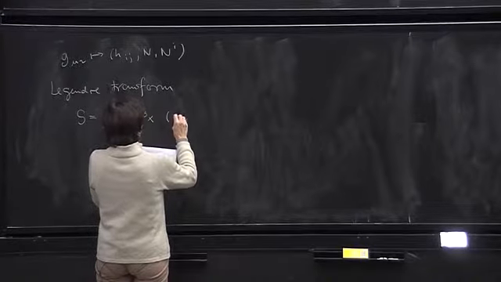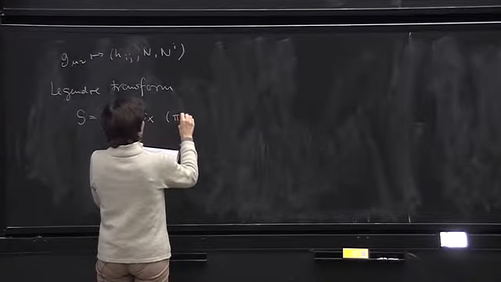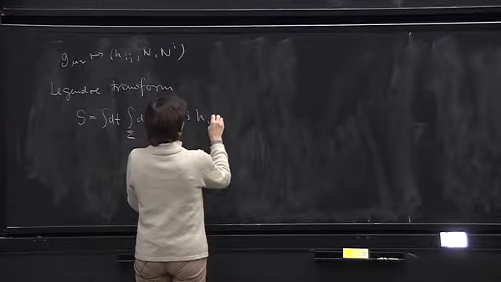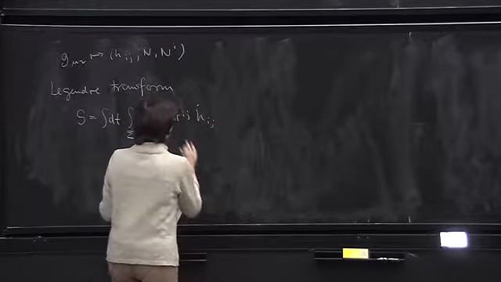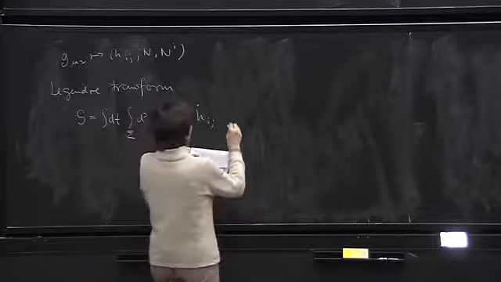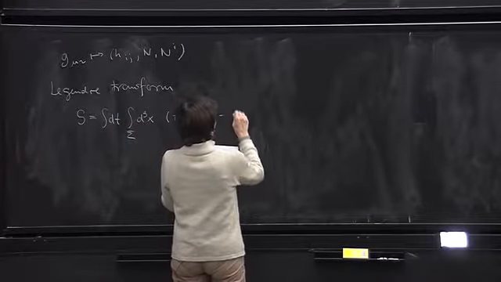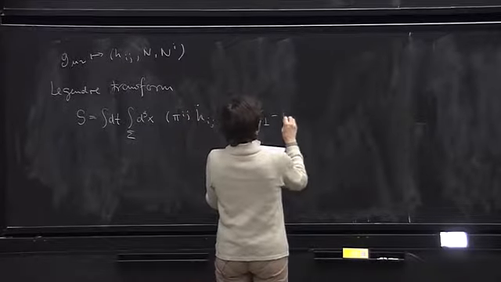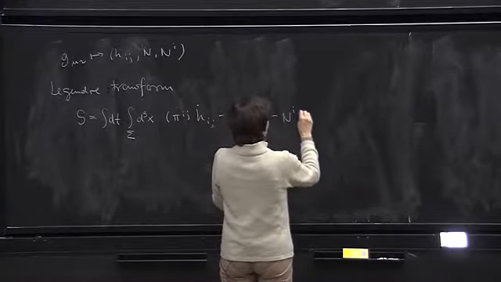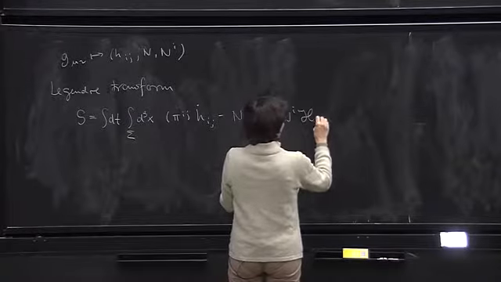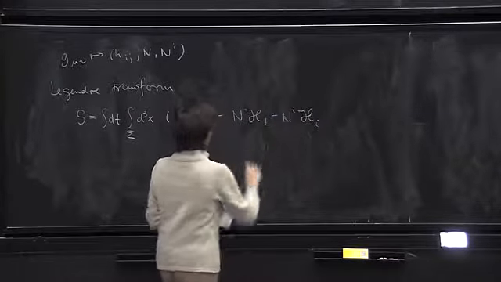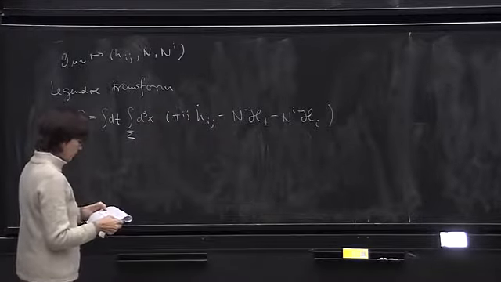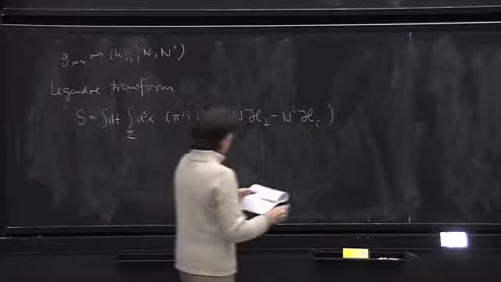Now the expression that then appears here is pi^ij h_ij dot. So that's my p q dot term in terms of the fields, minus N curly H perp minus N^i curly H_i. Here, of course, the sum over i from 1 to 3 is understood.